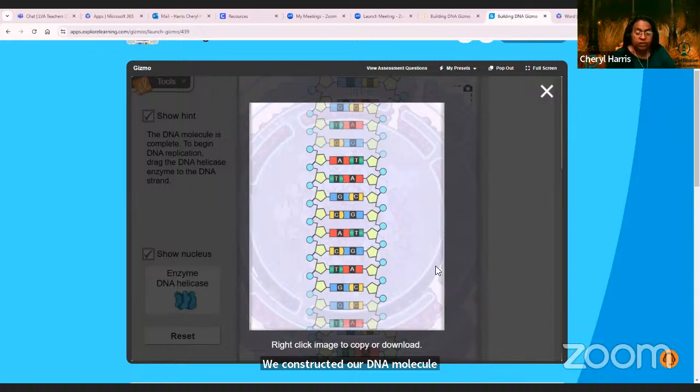All right, then they want you to take a minute to actually write down what the letters are on the left side and the right side. So with your question next to it, write down what your bases are. Yes, we're not logging into Gizmo.